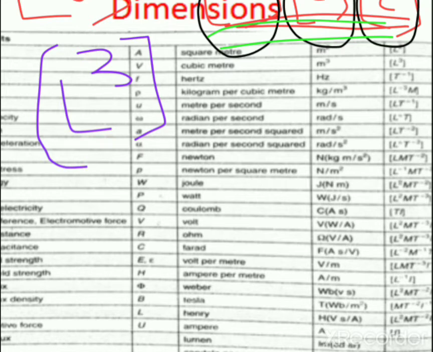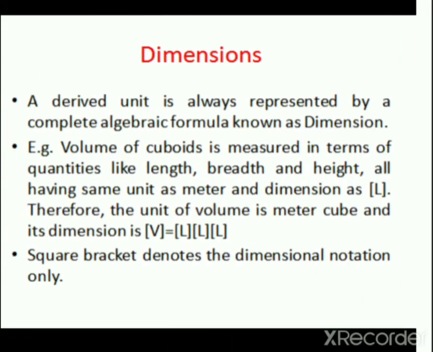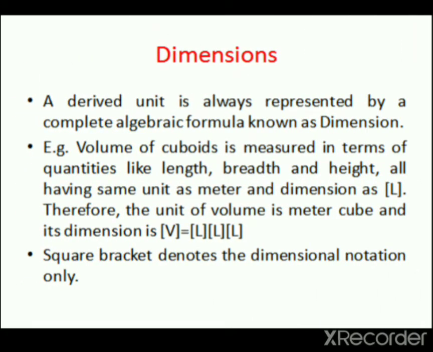Note that the square bracket denotes the dimension notation only. Here also that same thing is given. V equals the dimension of length, breadth and height.